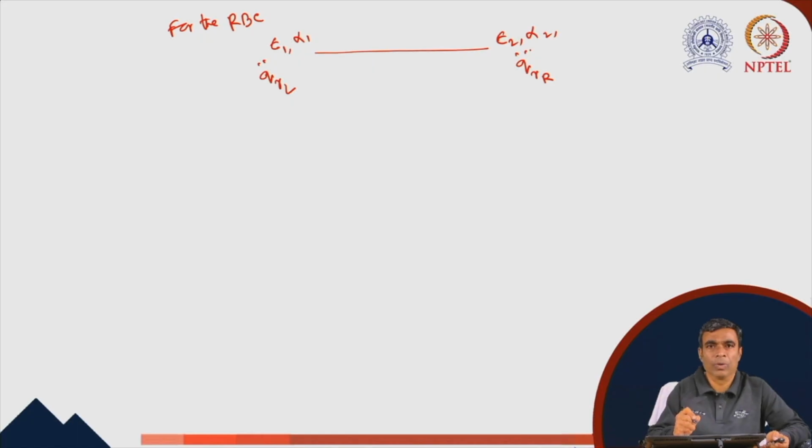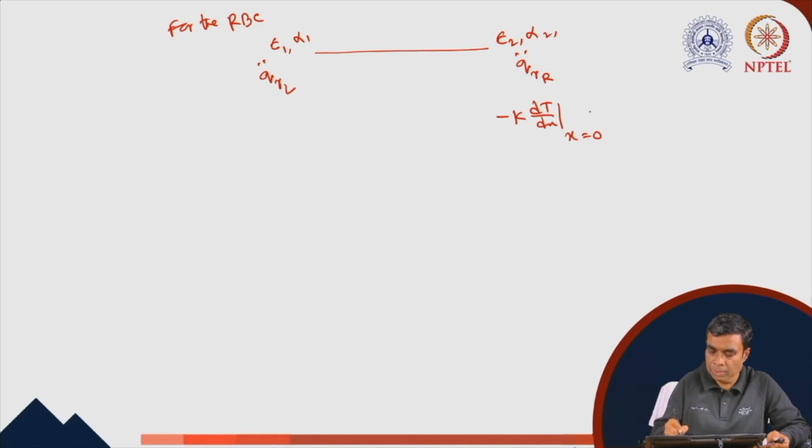Now we have the boundary conditions as minus k dT/dx at x equals 0 equals alpha 1 Q_RL double dot minus epsilon 1 sigma into T at x equals 0 to the power 4.